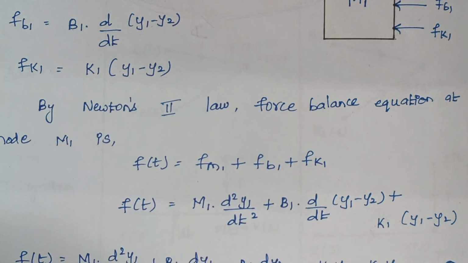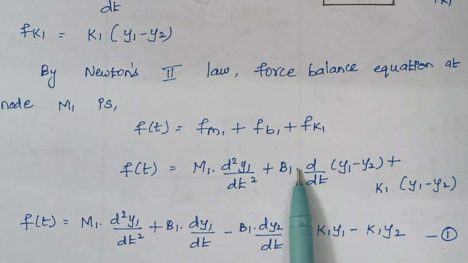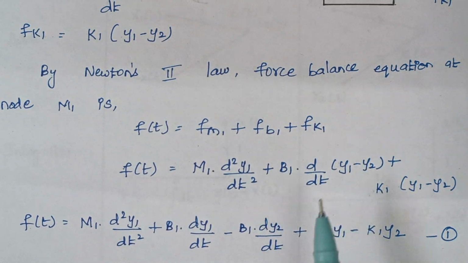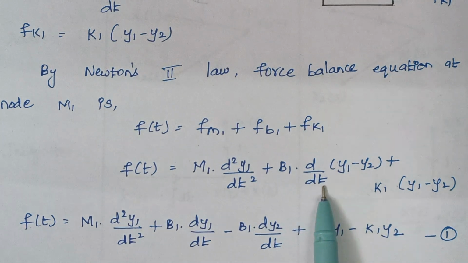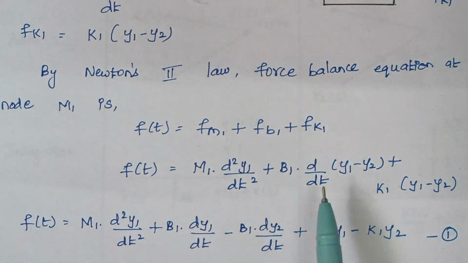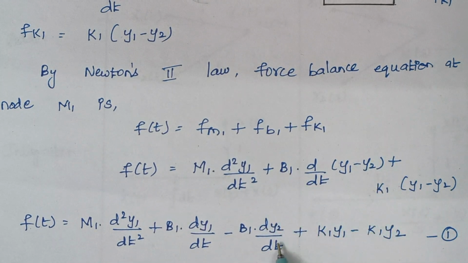The next step is to simplify this expression. Multiplying the terms, we get b1 into dy1 by dt, then minus b1 into dy2 by dt, plus k1 y1 minus k1 y2. Name it as equation number 1.